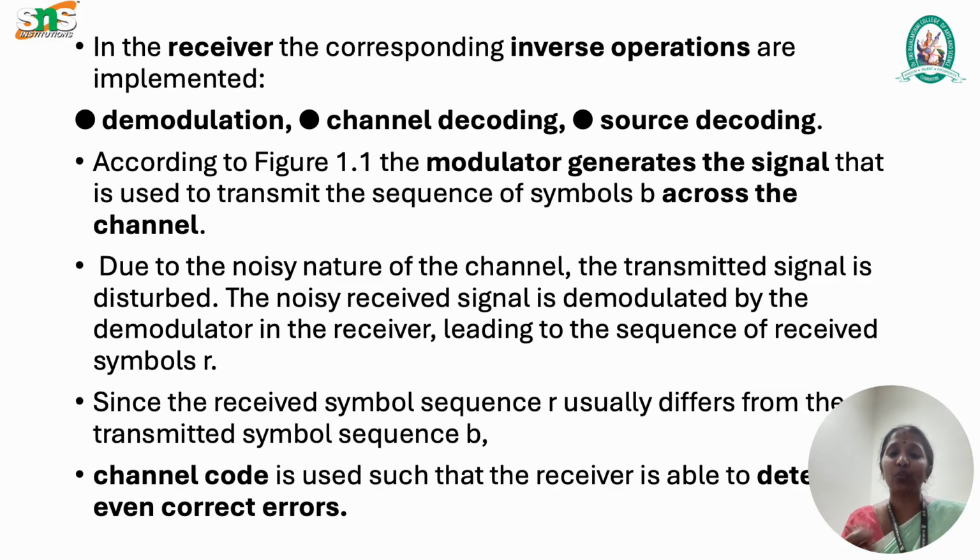So we use the demodulator to receive the symbol without any noise. The channel decoder is used in order to detect and correct the errors we get from the channel.